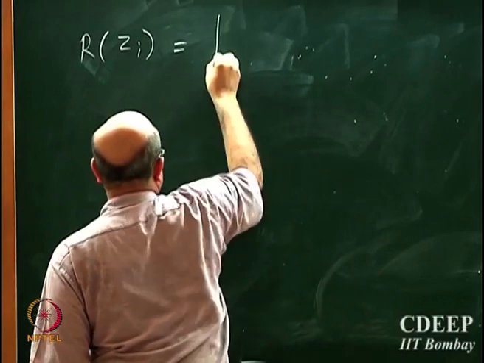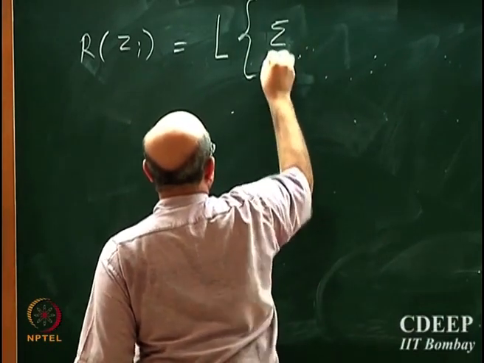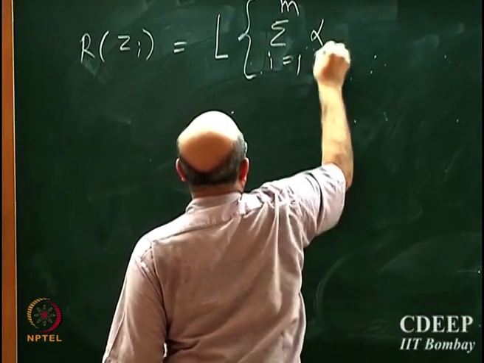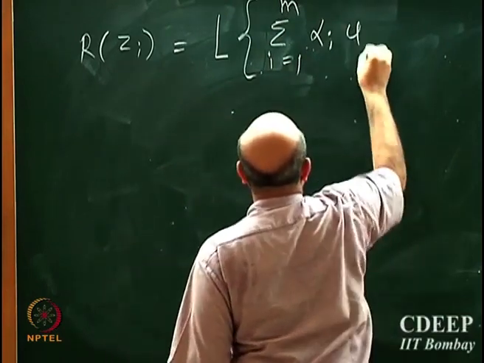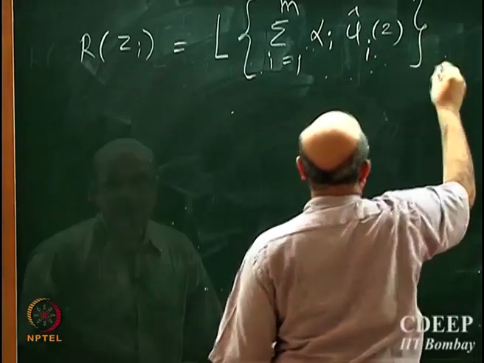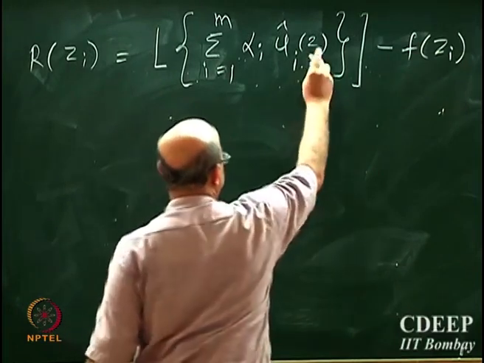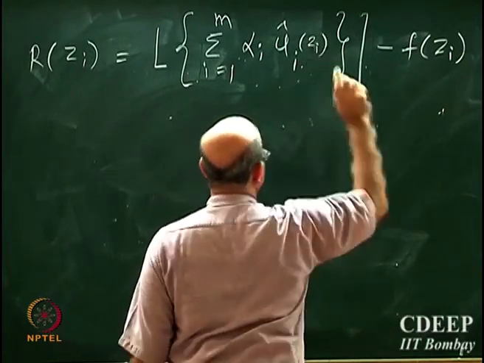R(zi) is L operating on the summation, i going from 1 to m, of alpha i ui(zi).